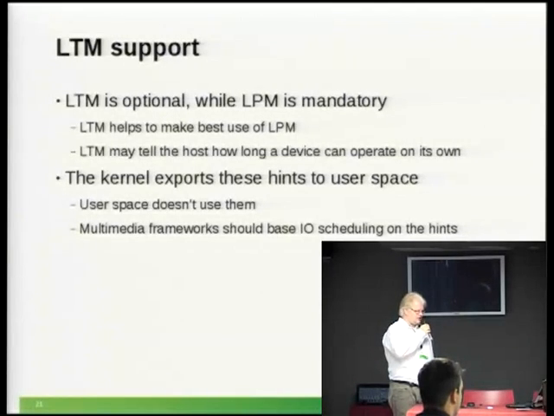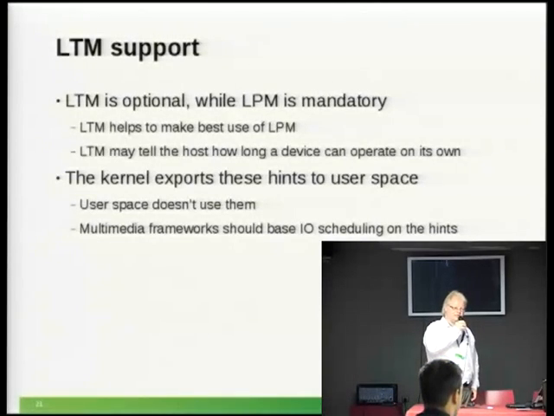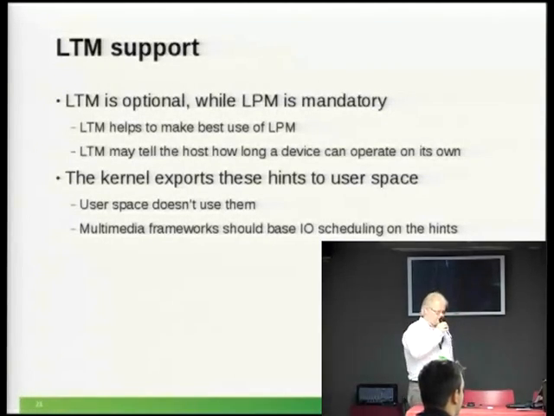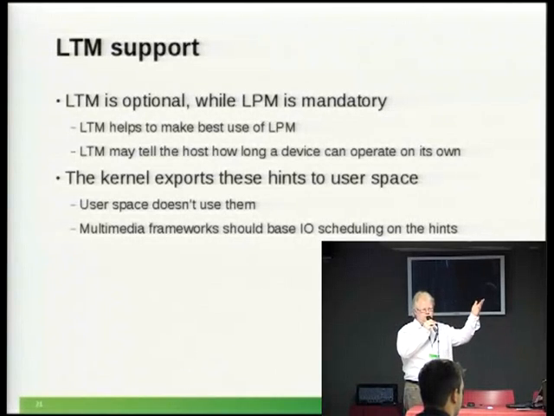That's the latency tolerance messaging. The device tells the host, I can do for this many milliseconds without data transfer with you. The host takes this information and computes from it how long it would take to talk to this device. This is not identical because there may be hubs in between and you need to wake up the port on the main board.